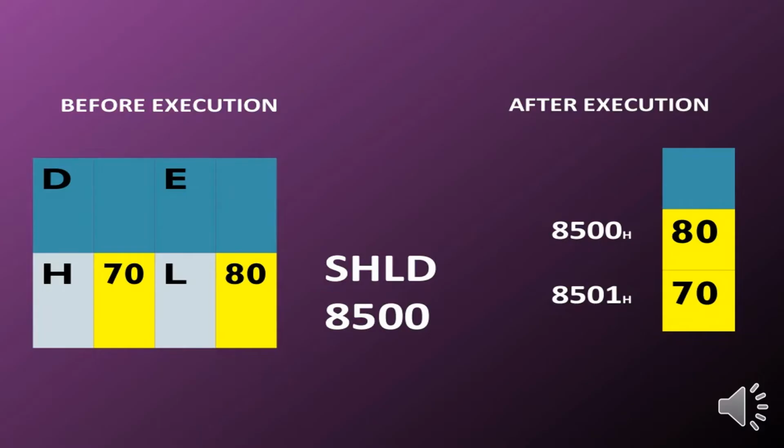For example, SHLD 8500. Before execution, the HL register holds 7080. After SHLD 8500, the HL register pair values are stored directly in memory locations 8500 and 8501. 70 and 80 are the value held by the HL register pair.